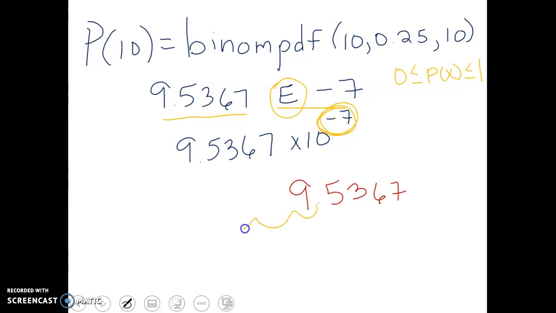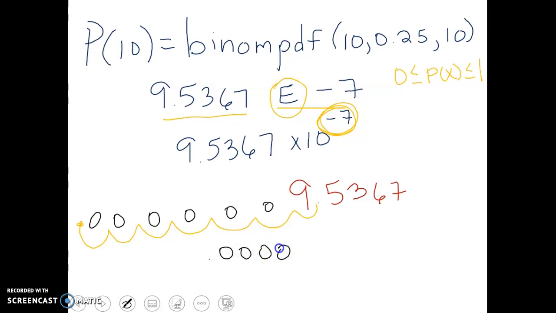So 1, 2, 3, 4, 5, 6, 7, and that's where your new decimal is going to go. Everywhere there was not a number, you fill in a 0. So your number ends up being 0.000000953667. If you count, you have a decimal followed by 6 zeros. Now, we also can't leave it like this. We need to round it to 4 decimal places.